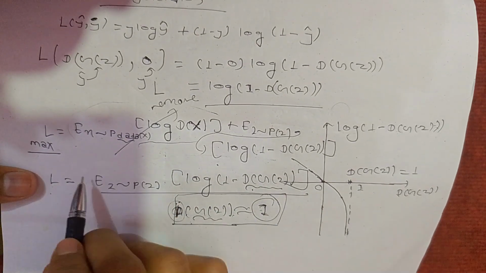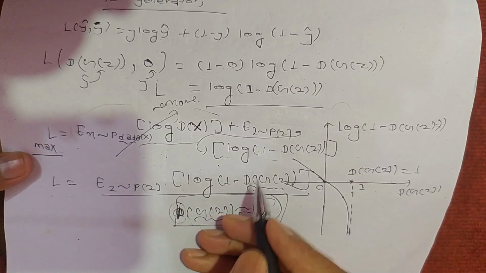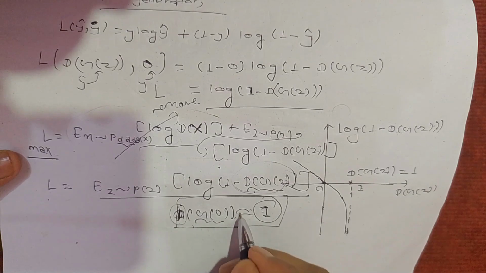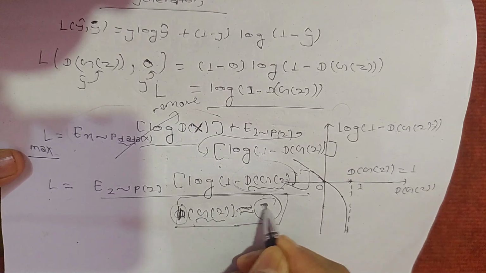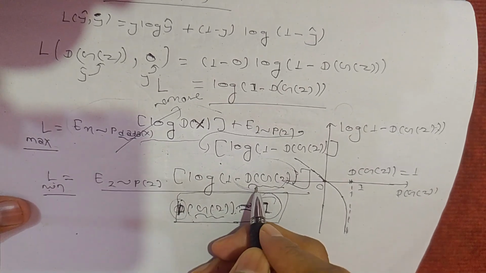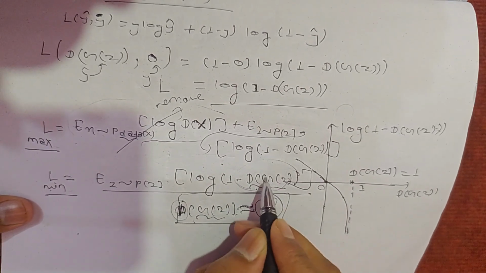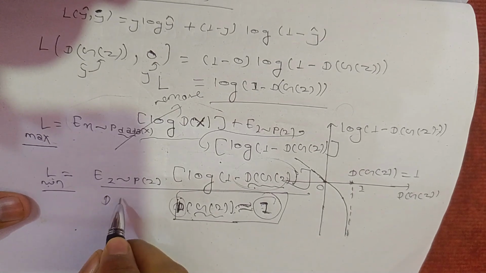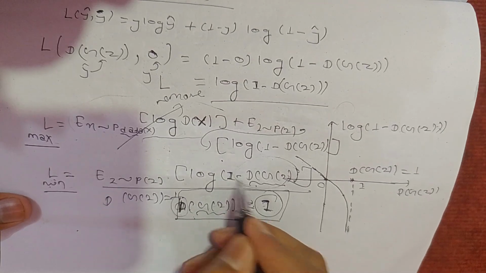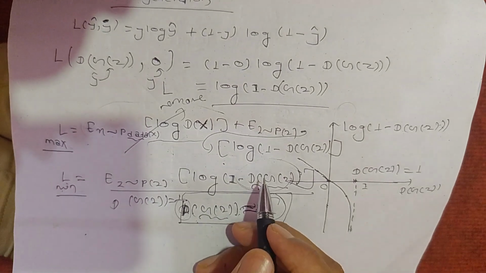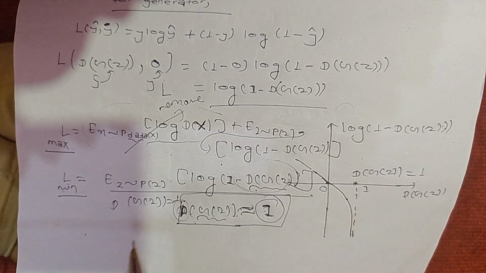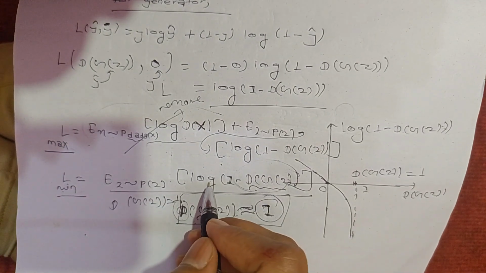If we minimize this whole objective, this term will be pushed to become 1, so D of G of z becomes 1. Because it is 1 minus something, for the quantity to be lower, this value should be higher, nearer to 1.